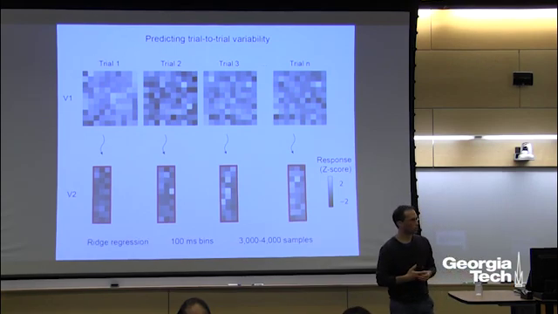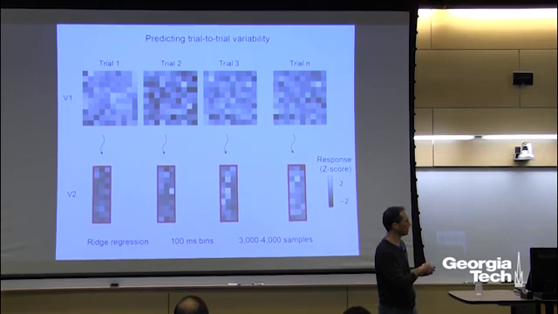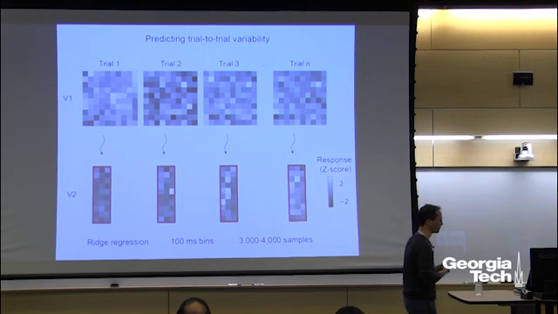So the way we're going to start doing this is with a simple linear regression approach, a form of regularized linear regression, ridge regression. We're going to count spikes in 100 millisecond bins in both of these areas. That gives us a lot of samples of activity, and then we're just going to fit a multivariate linear regression model to relate these population activity profiles.